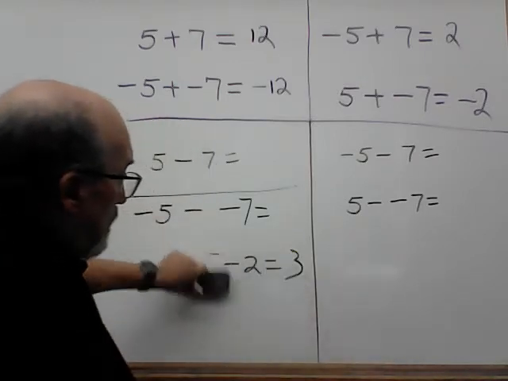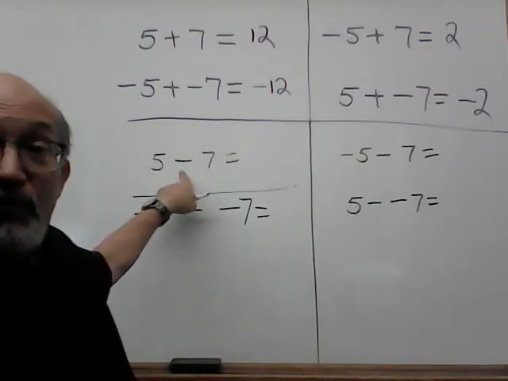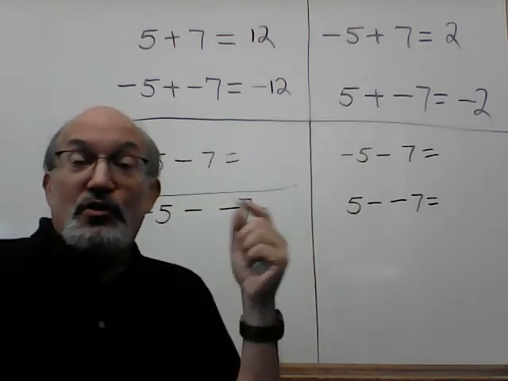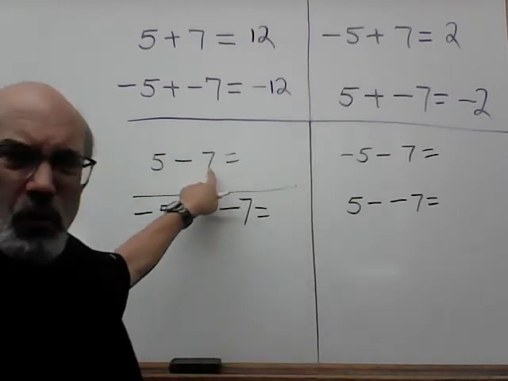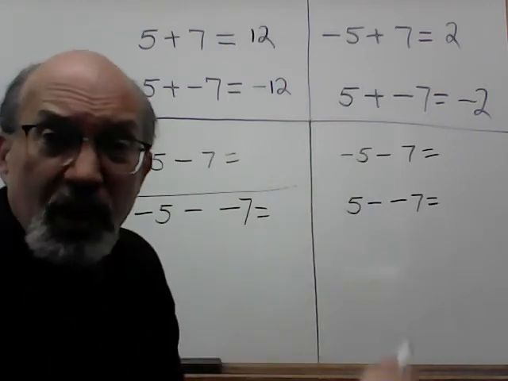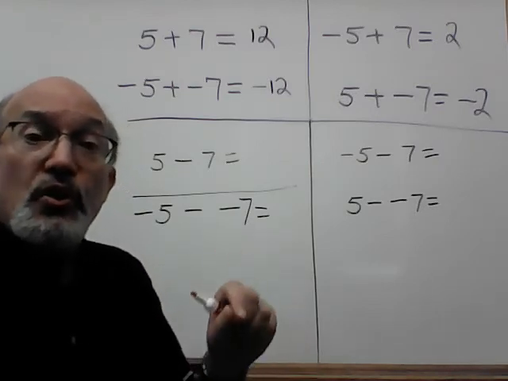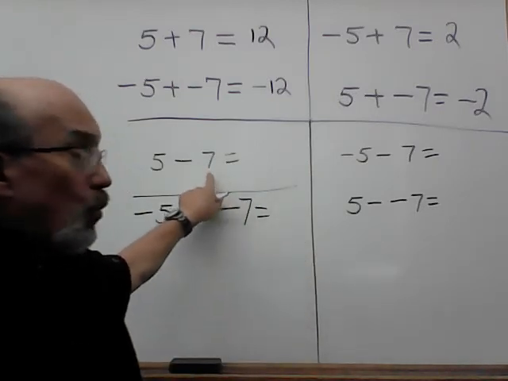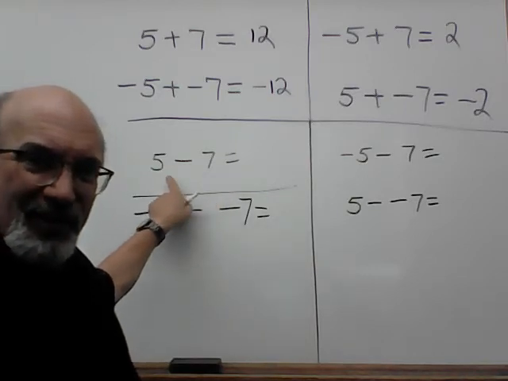Well, right here we've got 5 minus 7. The first grader, of course, does not get that problem. We've already talked about seeing this as 5 plus negative 7. I'm not changing that, but you can also look at it this way. What do you add to 7 to get 5?